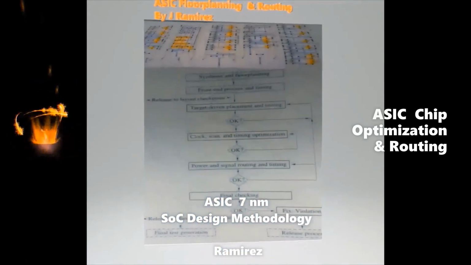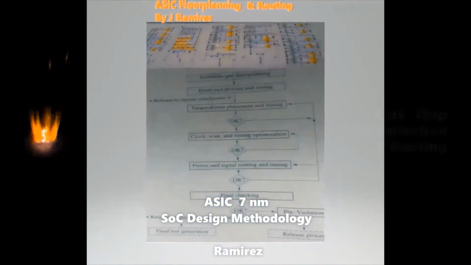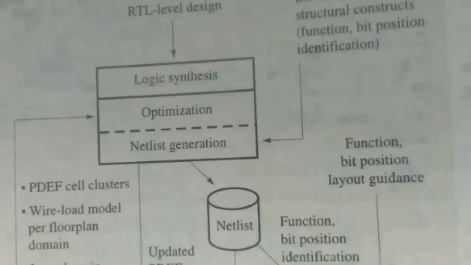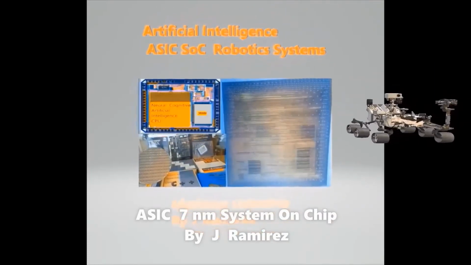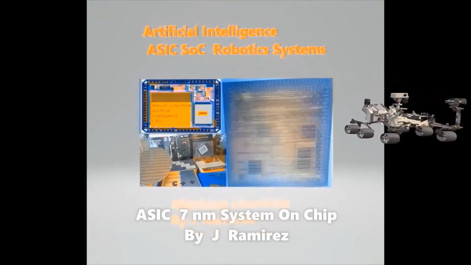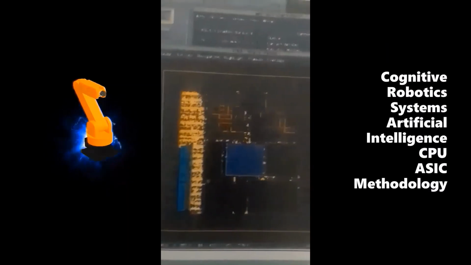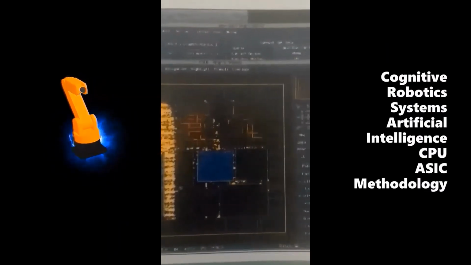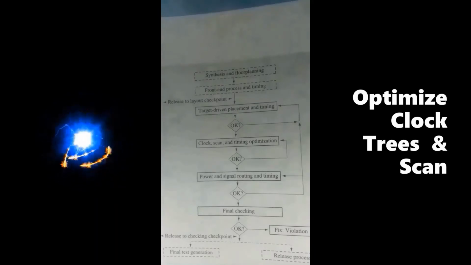Third, perform an initial placement to determine an improved basis on constraint generation, and optionally to fix the placement of large objects. Fourth, generate new constraints for placement on the basis of a timing analysis done using wire load and RC delay values derived from the initial placement. Fifth, perform the placement. Sixth, optimize the clock trees and scan connections.